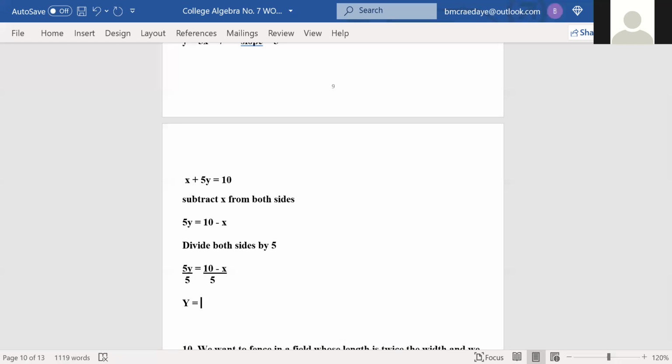The 5 applies to both the 10 and the minus x, right? So minus x over 5. What I'm going to do is put the minus x in the front, like the mx plus b, and then plus 10 over 5.